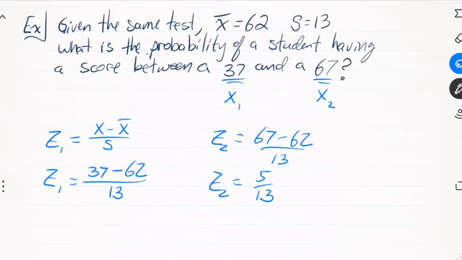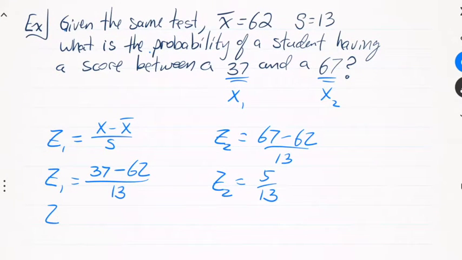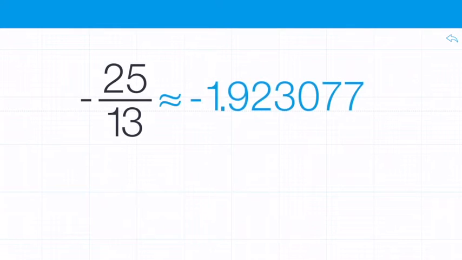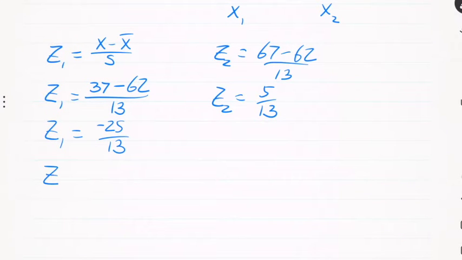That one I'm going to have to work on. So z1 is negative 25 divided by 13. All right, so back to here. Negative 25 divided by 13 gives us negative 1.9. Remember, we only need to the nearest tenths for this table. So this one is negative 1.9.